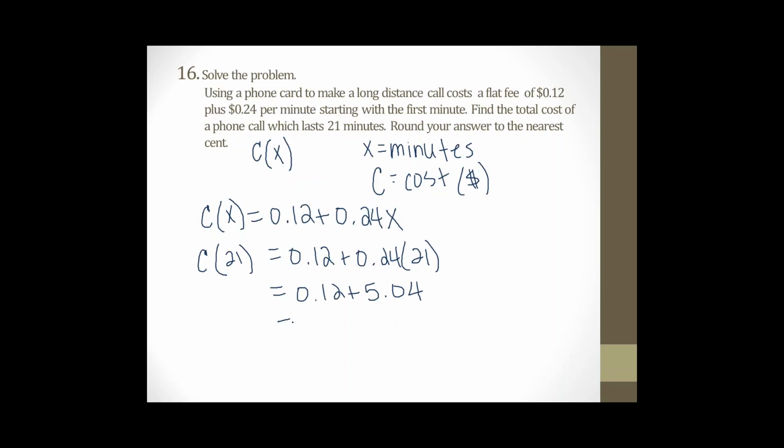That's going to give us $5.16. And it says to round your answer to the nearest cent. That is basically the same as rounding to the nearest hundredth or 2 decimal places. So this would be our final answer here, $5.16. All right.